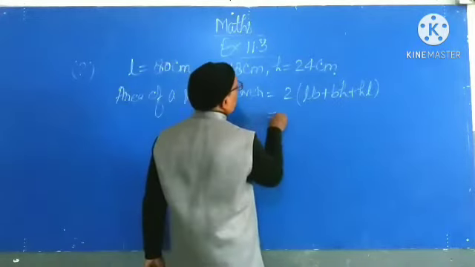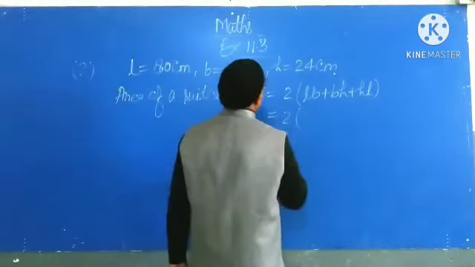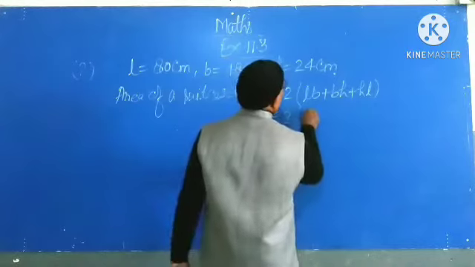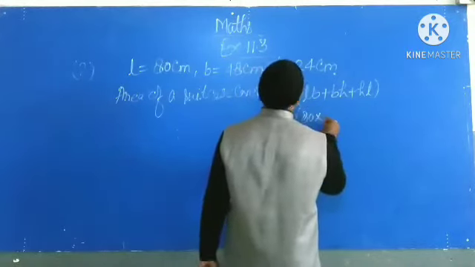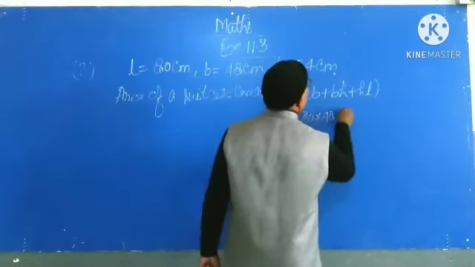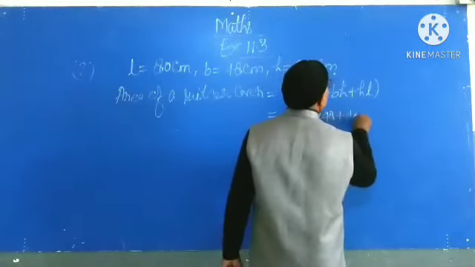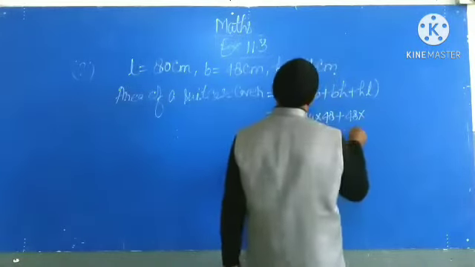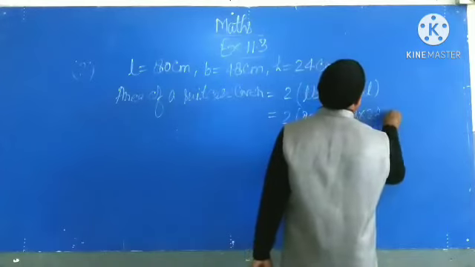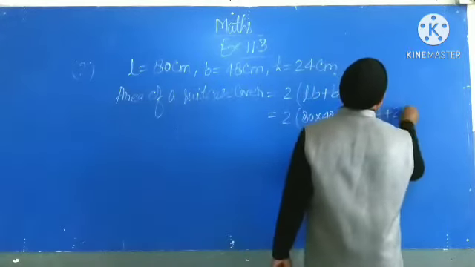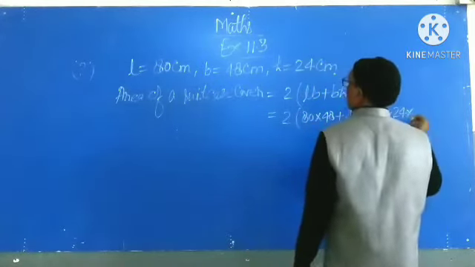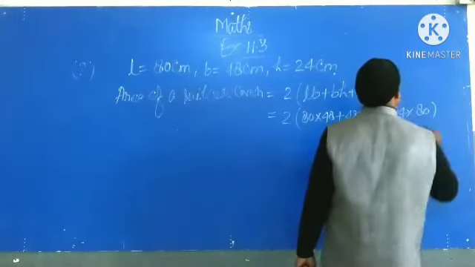You write down the values: 2 into 80 into 48 plus 48 into 24 plus 24 into 80.